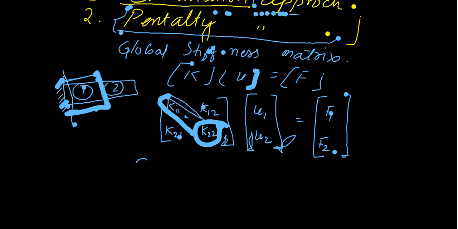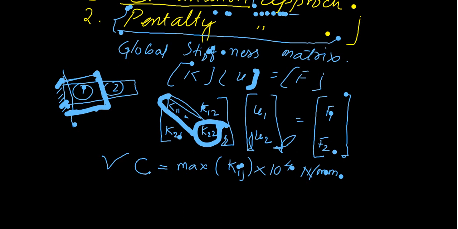That maximum value is taken as C. C is equal to max K(i,j), either K11 or K22, times 10 to the power of 4, and the unit should be Newton per meter if all values are in meters, or Newton per millimeter if all values are in millimeters. That is the first step: find the maximum stiffness in the matrix.